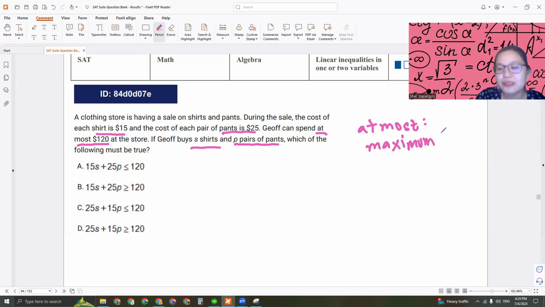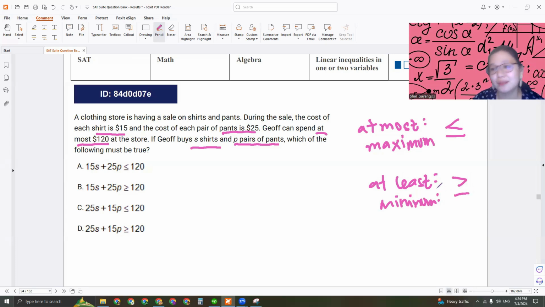Maximum. So it should be less than or equal to a certain amount. Similarly, at least is the bottom cap. So minimum, just to give you a guide, it should be greater than or equal to a certain amount, correct? So how do we write the total in terms of S and P?